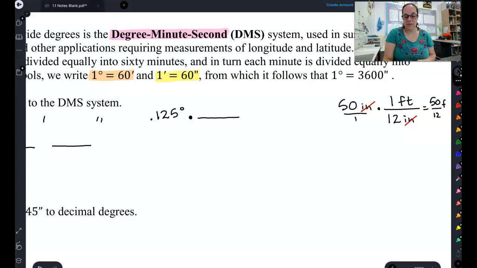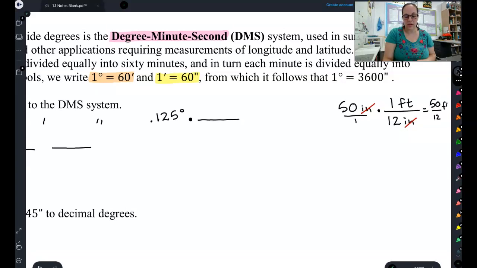And feet is the only units I have left. So 50 divided by 12 would be how many feet this is. That's a conversion. We multiply by a complicated looking 1. We make sure that our units cancel so that we have the units we want left over.